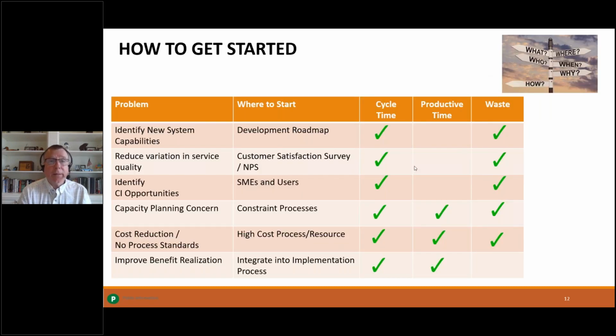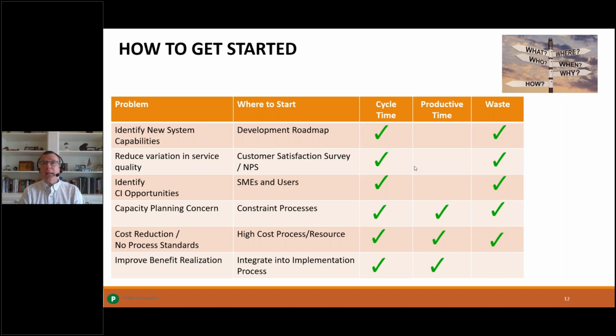So how do you get started? That really depends on each individual situation. As we said before, if you're in a development cycle and you need to identify some waste that you can eliminate with capabilities, cycle time studies will generally do that.